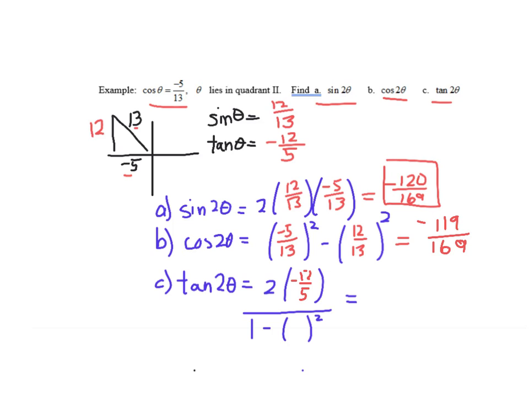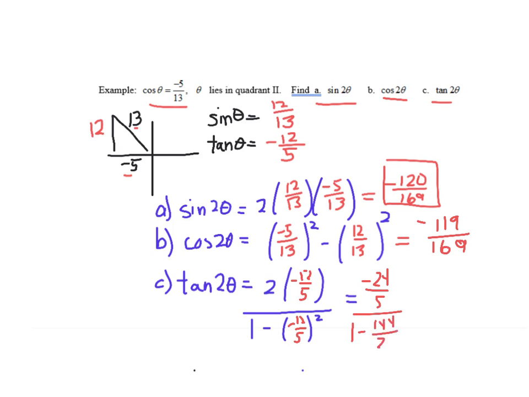And 1 minus negative 12 fifths, the quantity squared, which of course would be negative 24 over 5 over 1 minus 144.